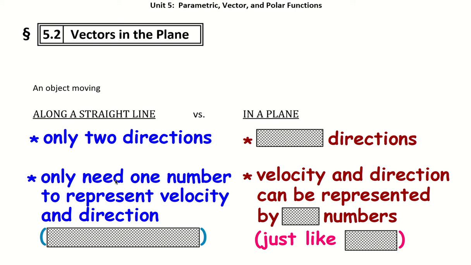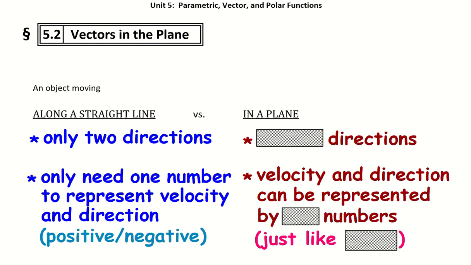You just need one number. If you talk about the velocity of this object, the number describes how fast it's going, and whether it's positive or negative discusses what the direction is. Negative, it's going, I guess, left, and positive velocity would be going to the right.